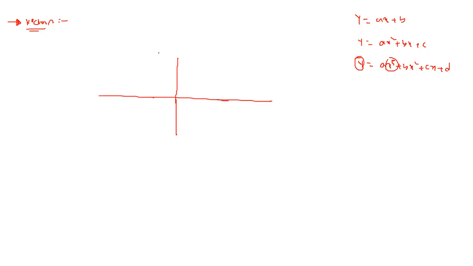How can we form a straight line in coordinate geometry, or in a plane or in space, students? How is a straight line formed? Expecting some answers from you. Suppose the entire screen I'm splitting by 2 axes into 4 quadrants.